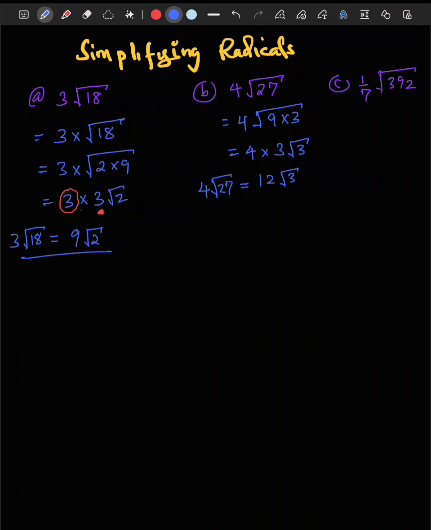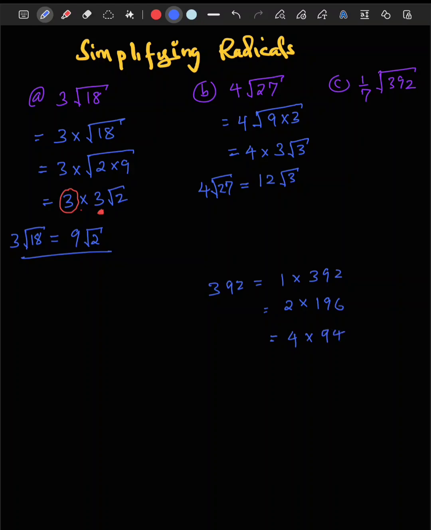Part C. Instead of writing 392, let's see, 392 can be written as 1 times 392, or it can also be written as 2 times 196, or this can be written as 4 times 98, right?